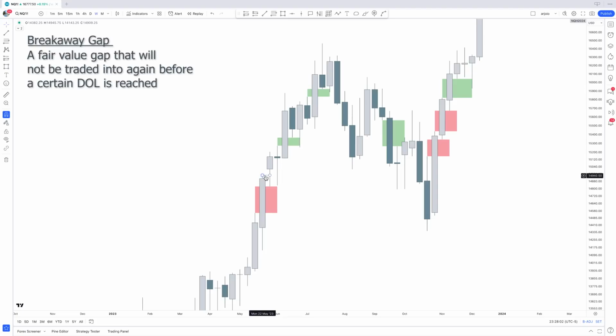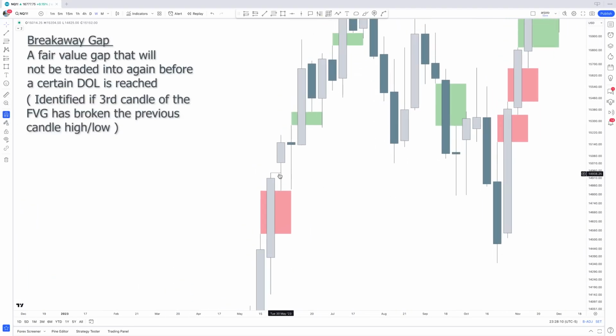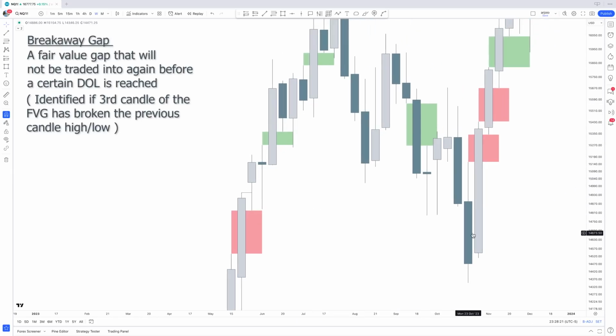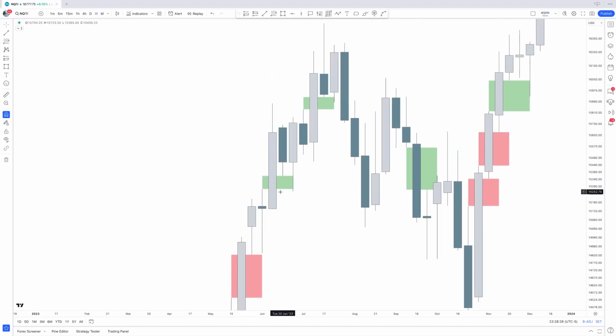If it wants to close above that, then as a general rule of thumb that means we are not going to trade back into the fair value gap before we continue higher. So here we can see, yes, eventually we trade back into it, but in the short term, we do not. That is already the first indication, but not the only one, that it is a breakaway gap.